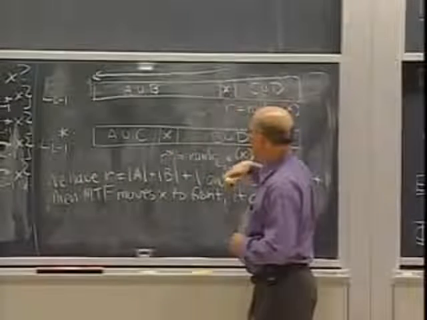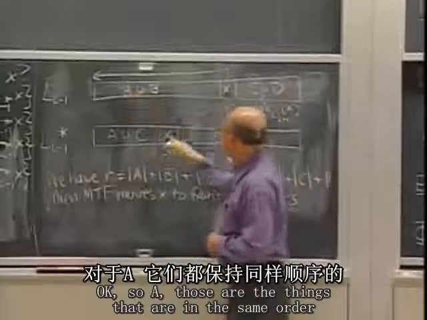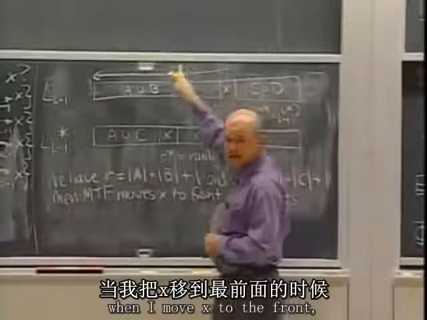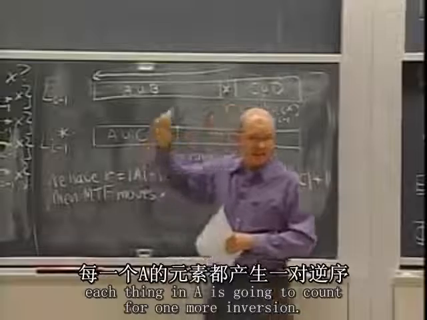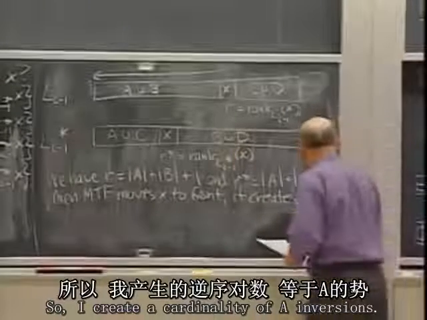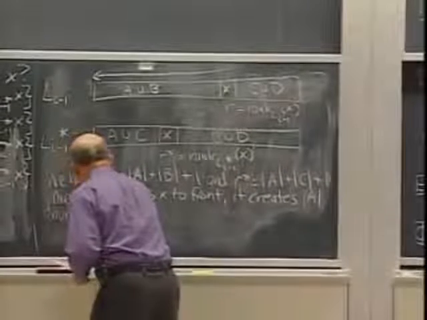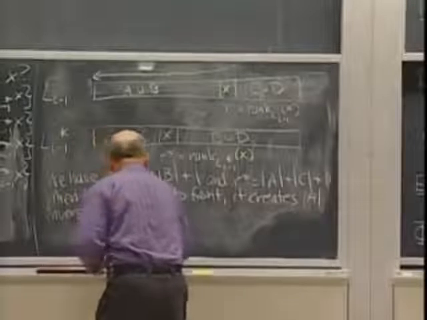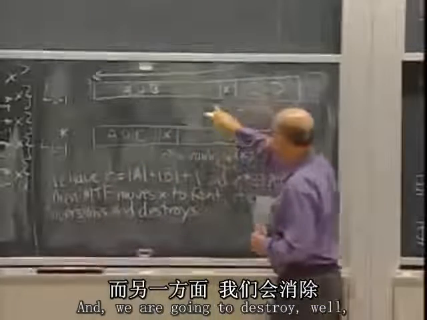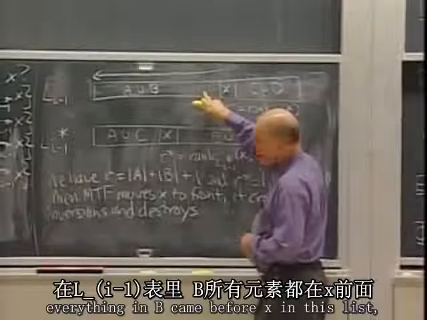Let's take a look at A. Those are the things that are in the same order in both. So everything that's in A, when I move X to the front, each thing in A is going to count for one more inversion. Does everybody see that? So I create cardinality of A inversions. And we're going to destroy, well, everything in B came before X in this list and after X in this one.